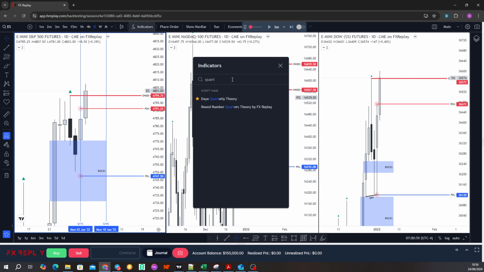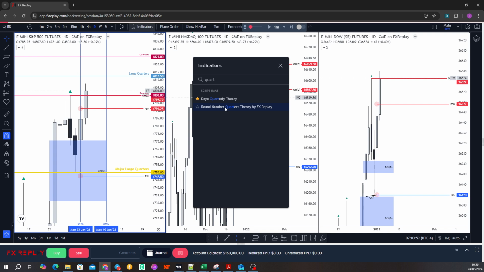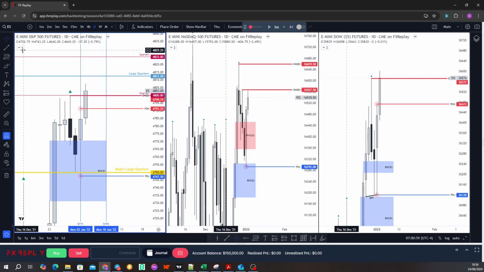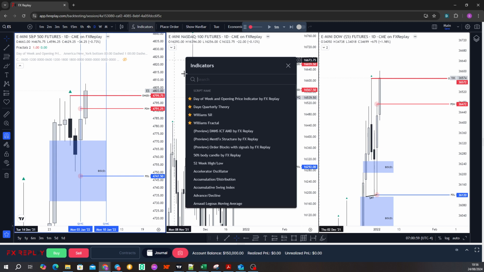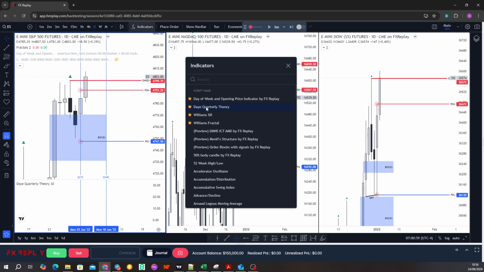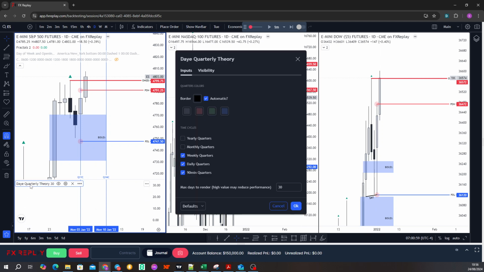I'm just going to make sure that there isn't another one. Let's see what this is. Yeah, I don't know what that is, so I'm just going to get rid of that. So yeah, but as you can see, there's no data.